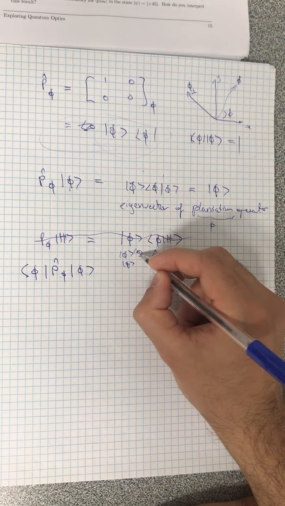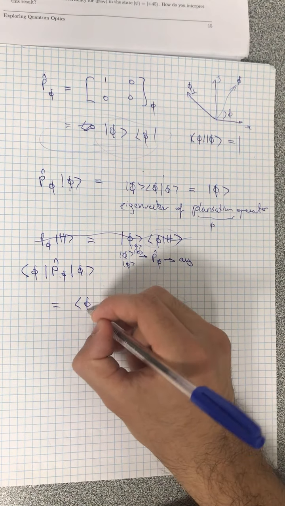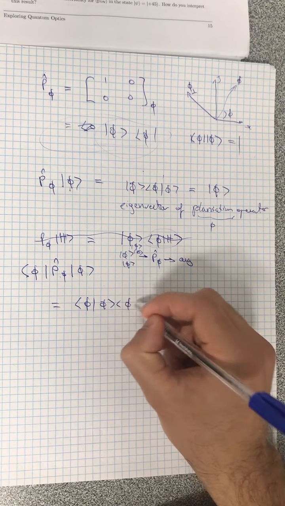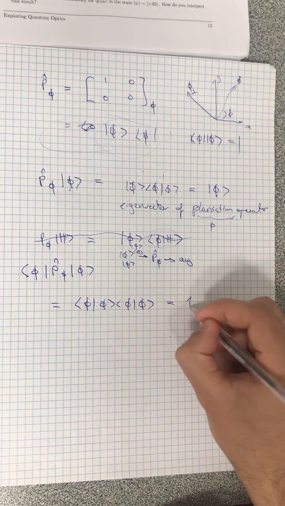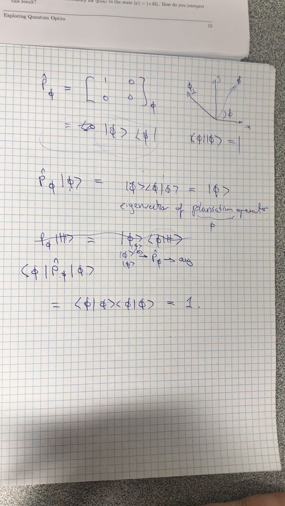So just heaps of these. Now, as you can see, this is just going to be 1. Okay, so the average result is just going to be 1.